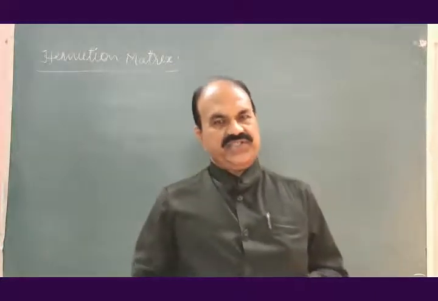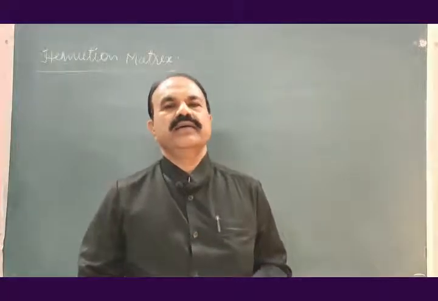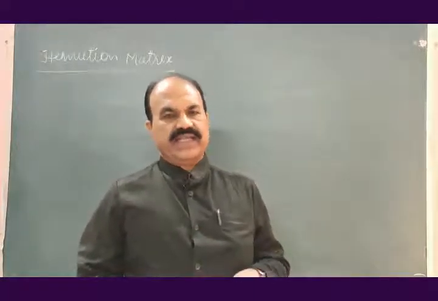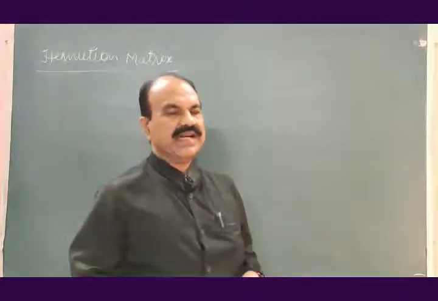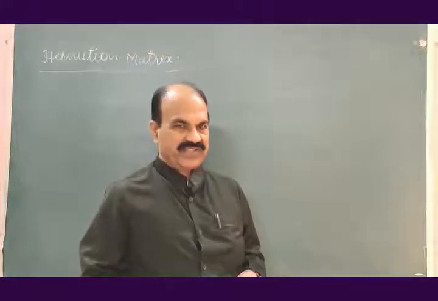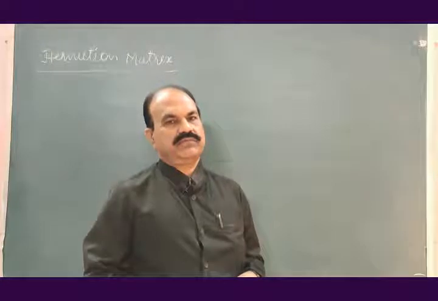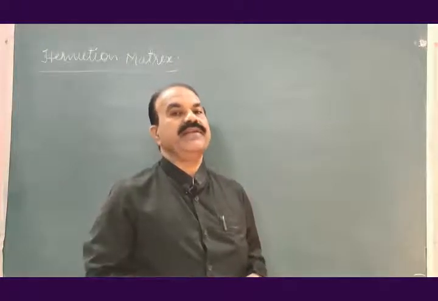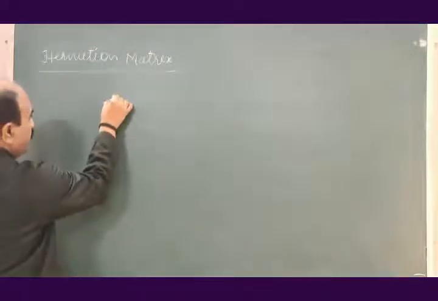Hermitian matrix is a square matrix such that every ith element of that matrix is conjugate of jth element of that matrix. How is this matrix?